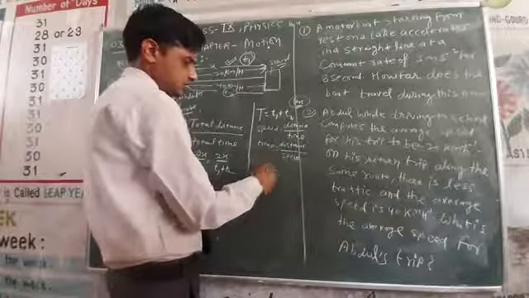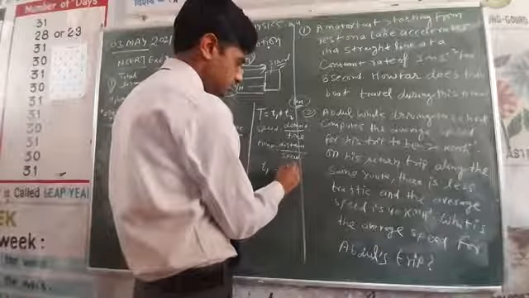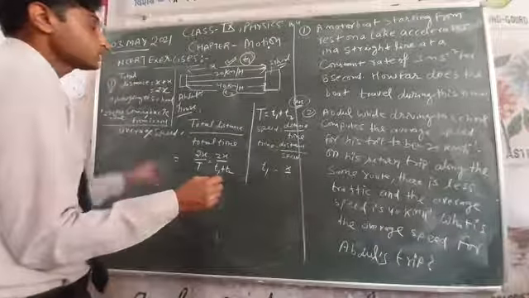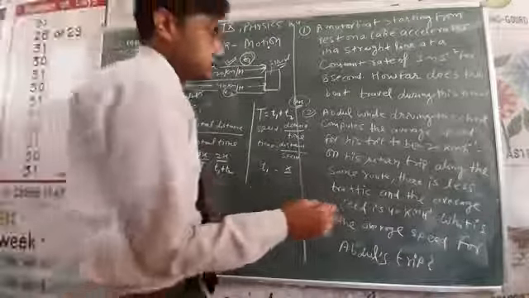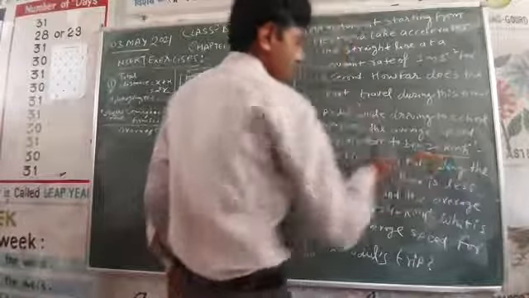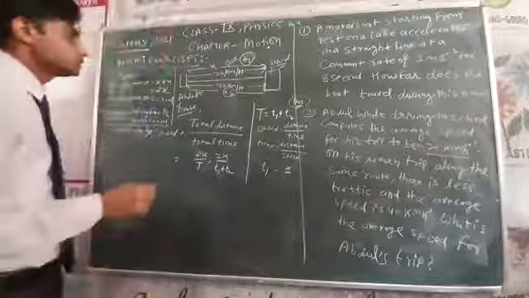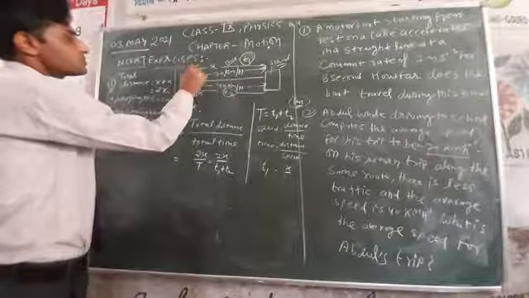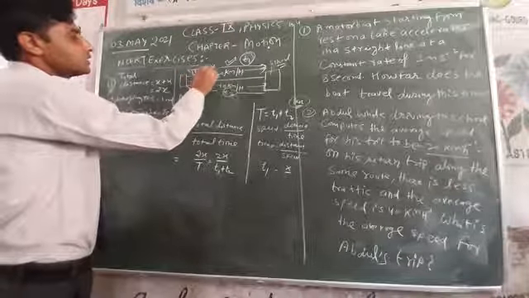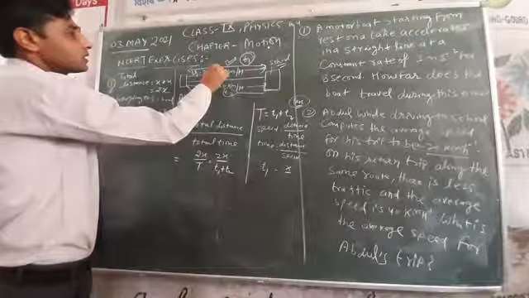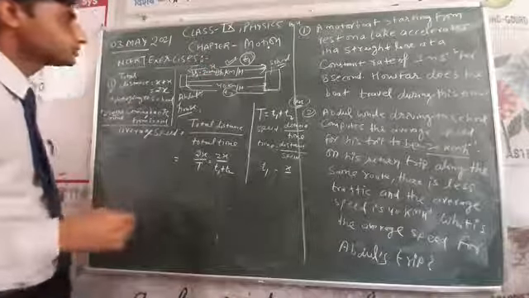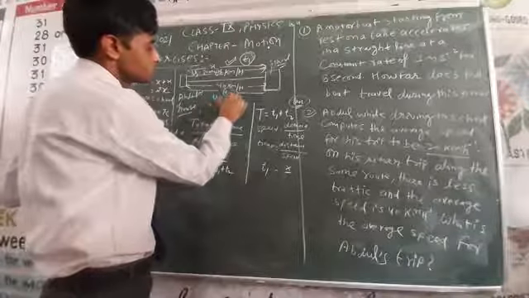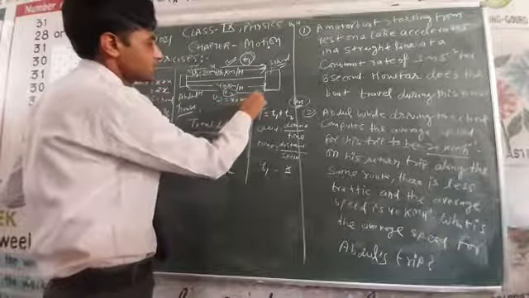For t1, the distance is x and the speed is given as 20 km/h. Let v1 equal 20 km/h and v2 equal 40 km/h.